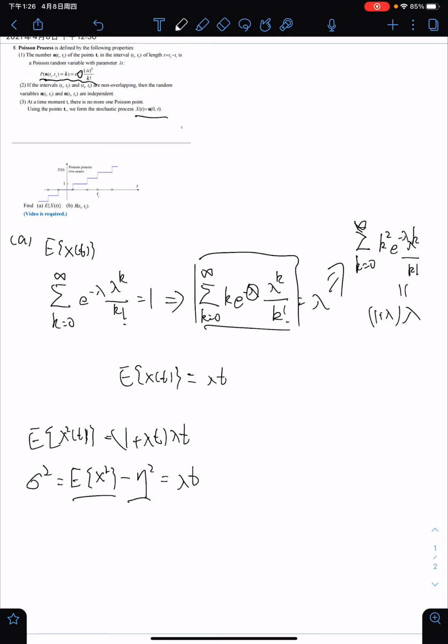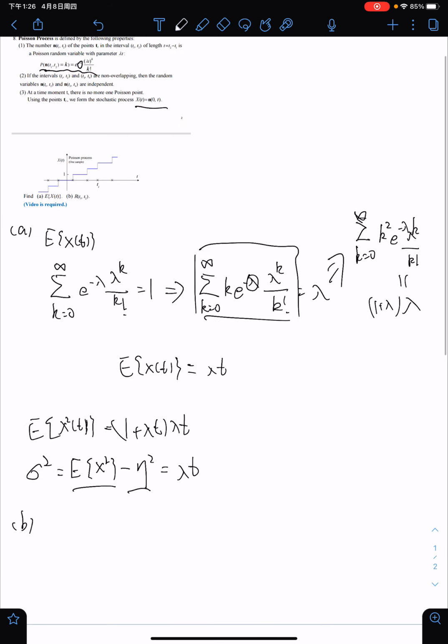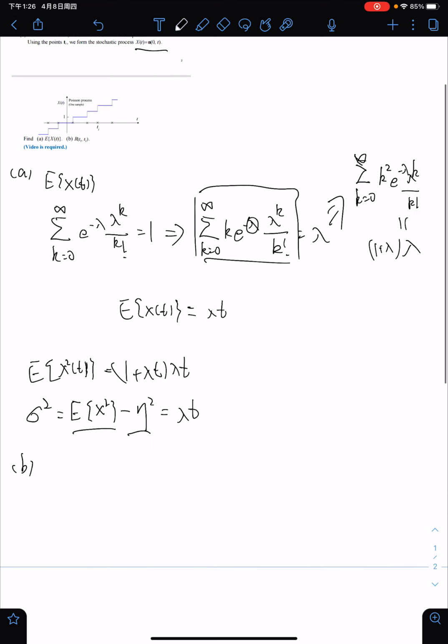Then the second question, we need to calculate the autocorrelation R(T1, T2).